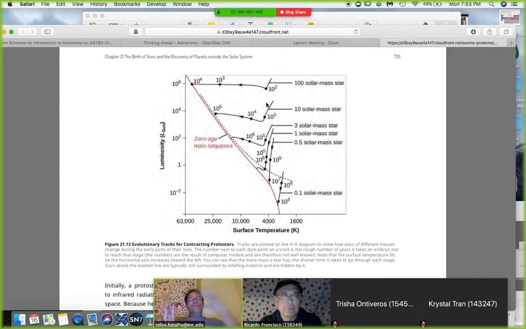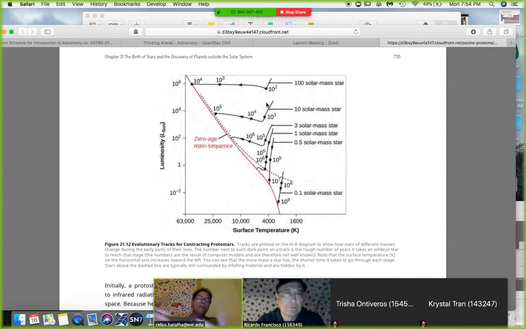So once the stars reach the main sequence, now the fuel that feeds the star, that produces energy and makes the star shine for 90% or 80% of its lifetime, that fuel is going to be gone. Hydrogen is going to be gone. And when this happens, the star will move out of the main sequence.